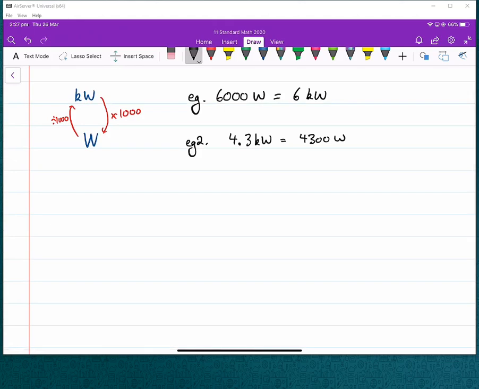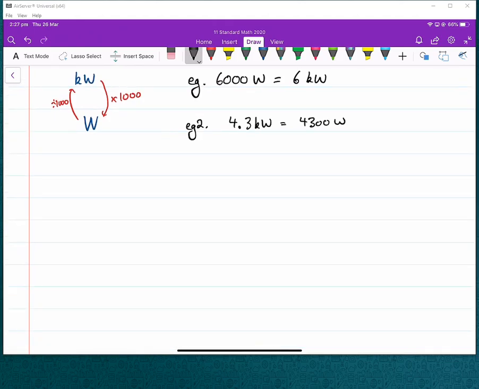So the first thing that we need to work out for most of these questions that we will look at is the total energy usage in kilowatt hours.